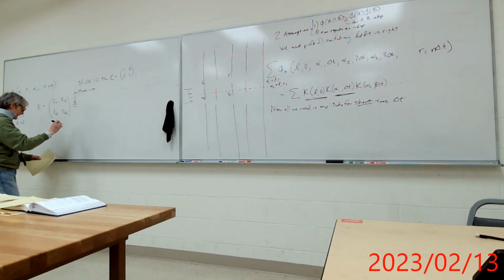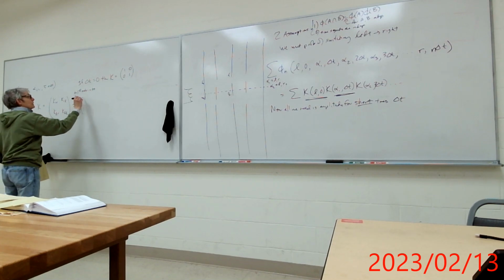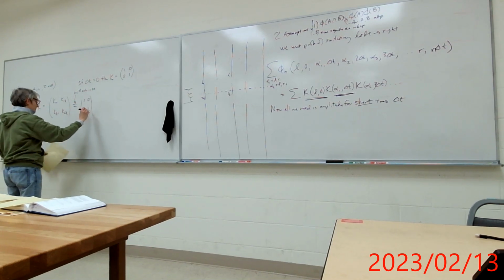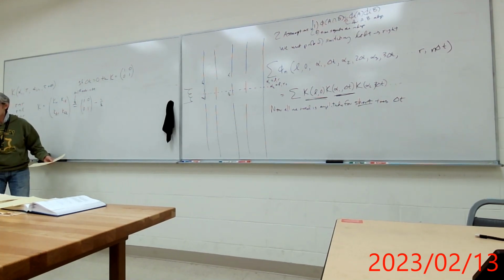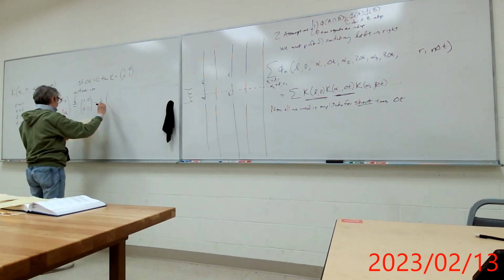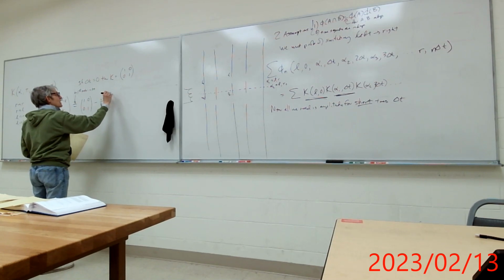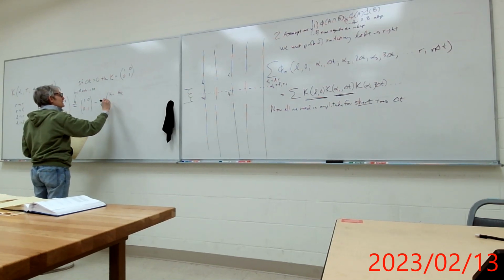I'm going to write this as 1, 0, 0, 1 minus i over h bar, which is just a constant I'm taking out, times H_RR, H_RL, H_LR, H_LL.